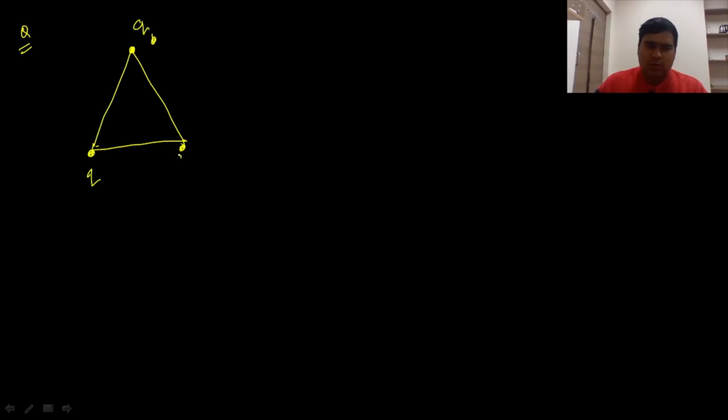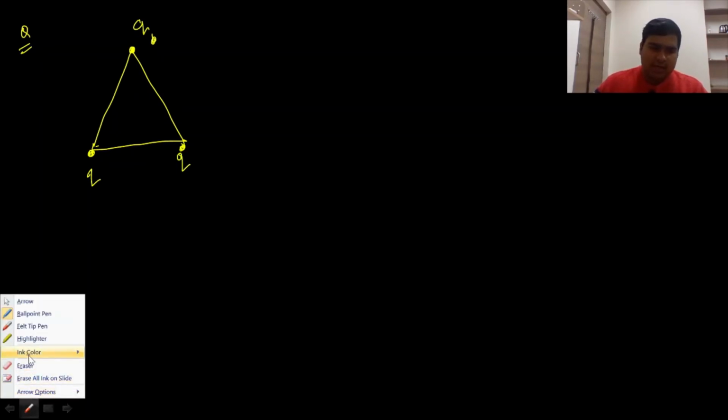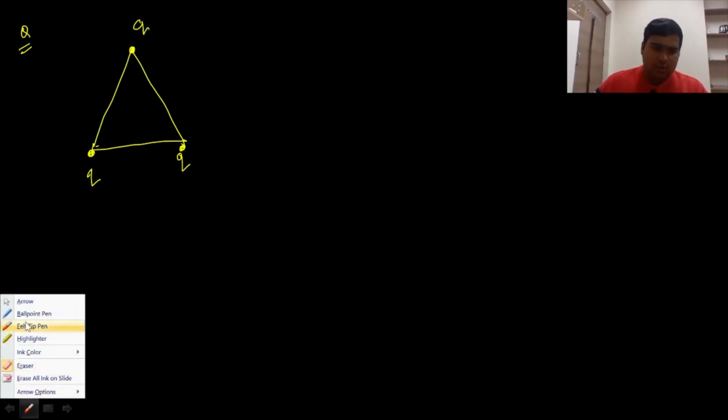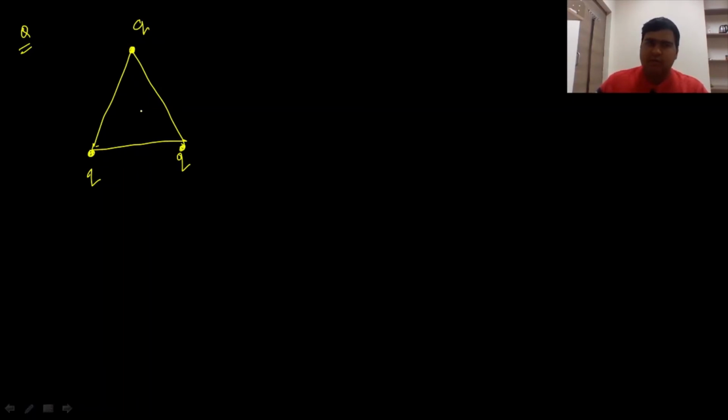This is q, q and q. Let me erase so that there is no confusion. So all charges are q and it is an equilateral triangle.